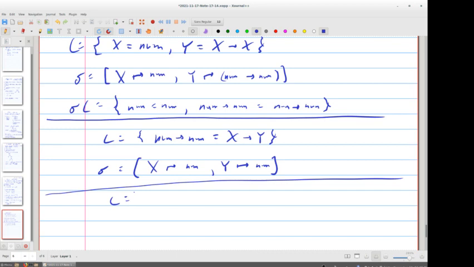Let's let C be, it's kind of interesting, x arrow y equals y arrow z, and z equals u arrow w. Now what can we do?